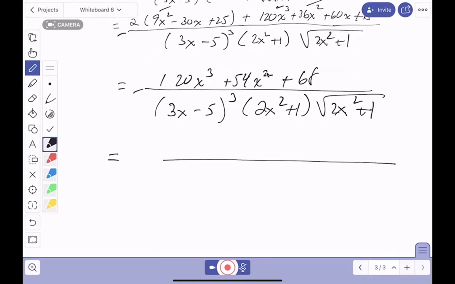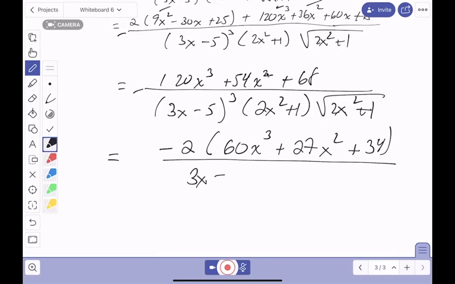I'm going to say minus 2, because I'm factoring a 2 out, (60x cubed plus 27x squared plus 34). And I think we're done.